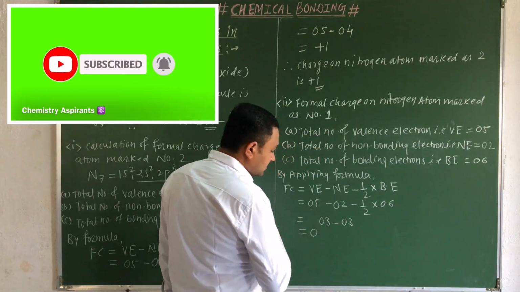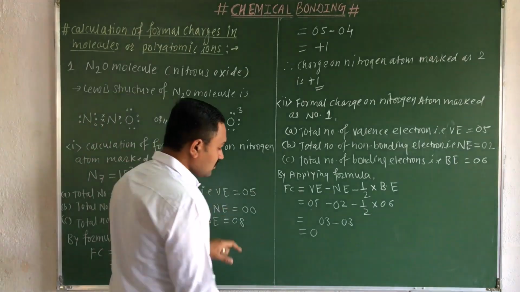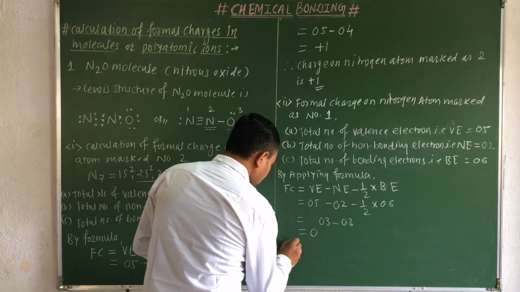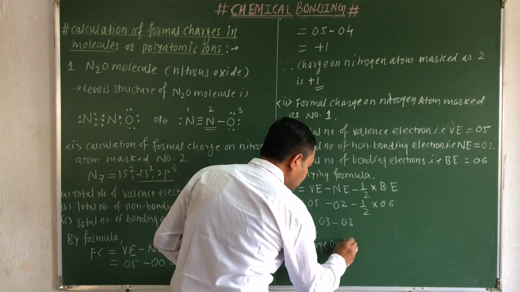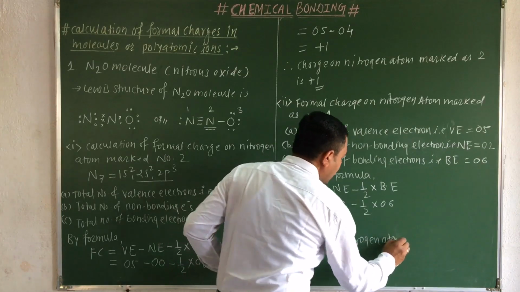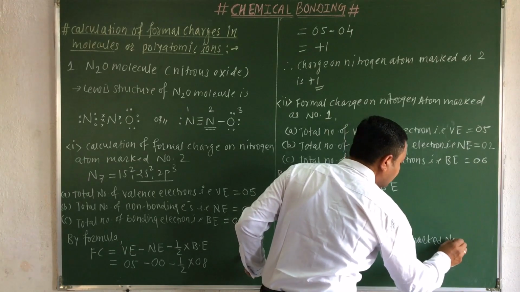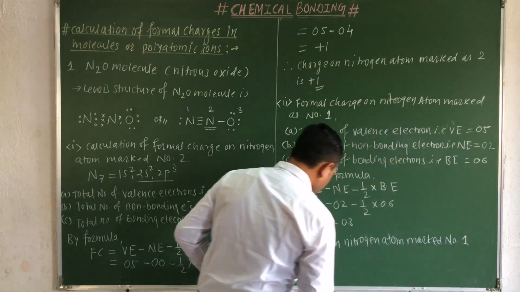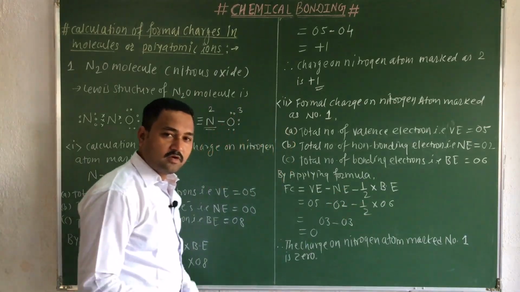So the charge on this nitrogen atom is 0. Therefore the charge on the nitrogen atom marked as number 1 is 0. That means it is the chargeless molecule.